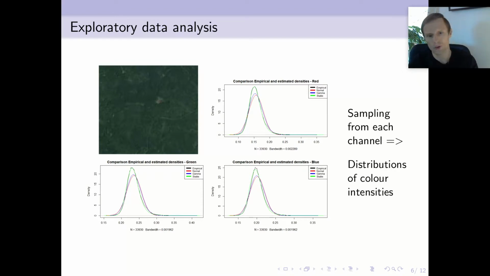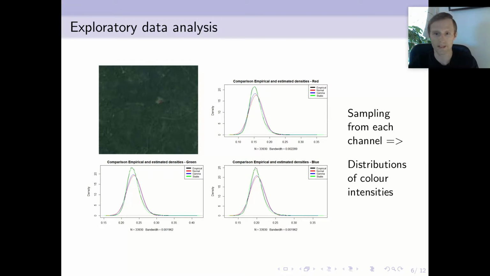We also plot stable, gamma, and normal distributions fit to this empirical data, and we see that the stable distribution shows almost perfect fit. We also tried many other distributions, not only normal and gamma, and we realized that only the stable distribution is as good as this.